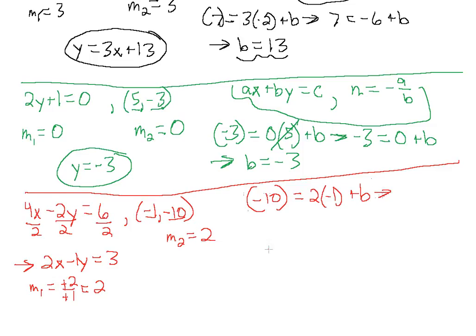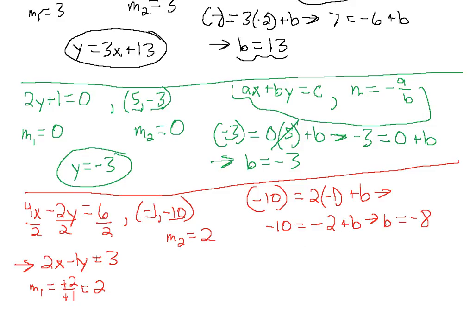All we need to do is solve for b. So we have minus 10 equals minus 2 plus b. We simply add 2 to both sides, which gives us b equals minus 8.